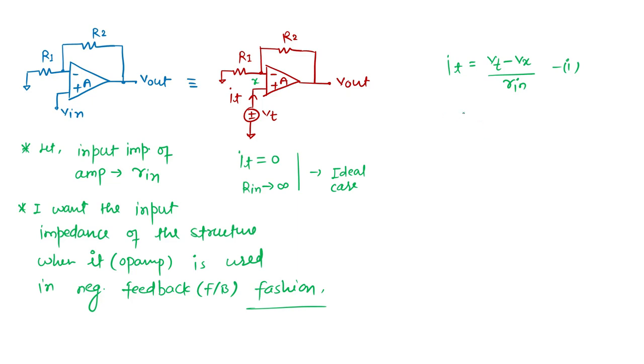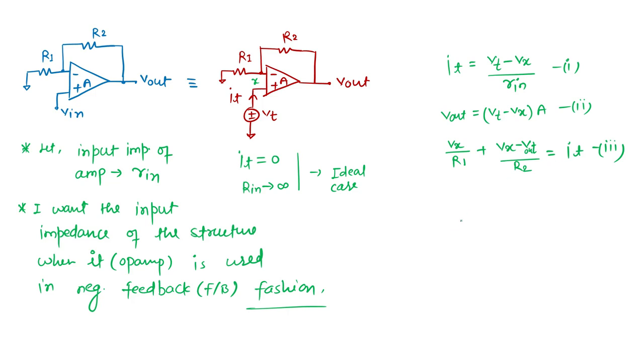One more equation: the output is Vt minus Vx times the gain. This is one expression. And one more thing that we can see, the KCL at node x: Vx by R1 plus Vx minus Vout by R2 equals the It which is entering inside. This is the third equation.